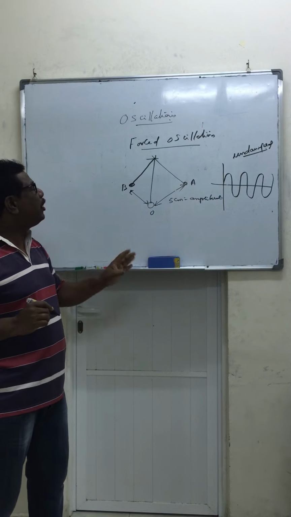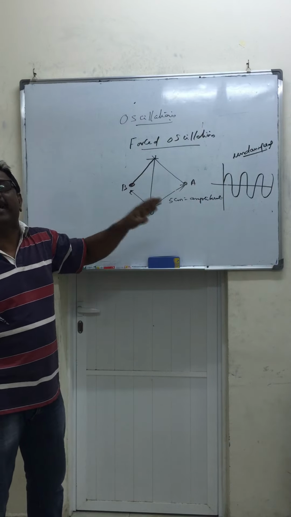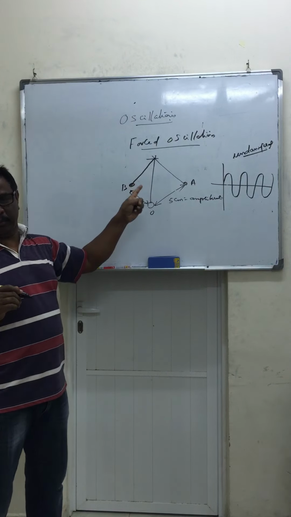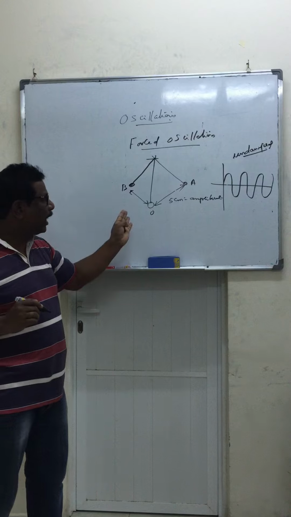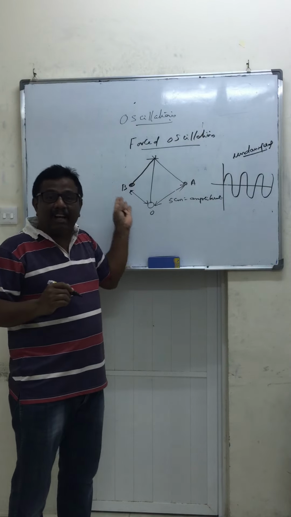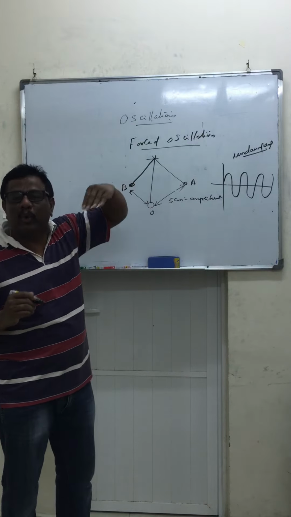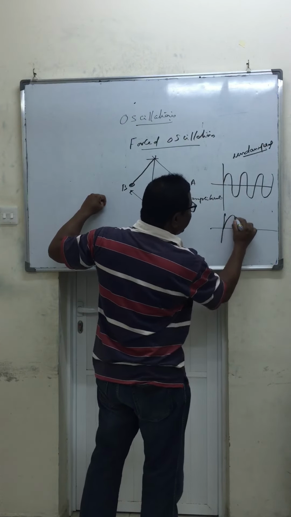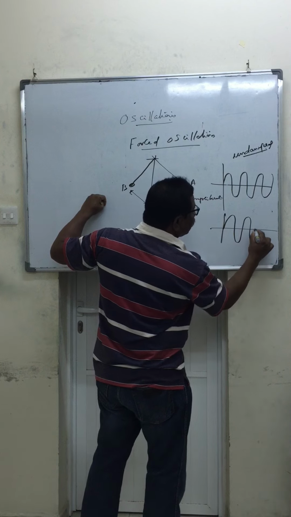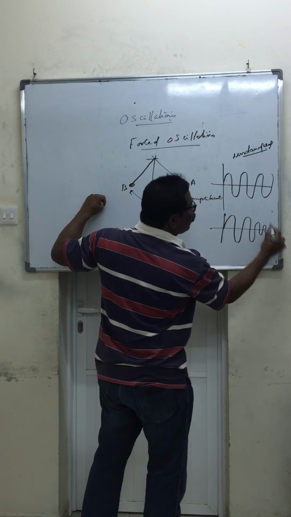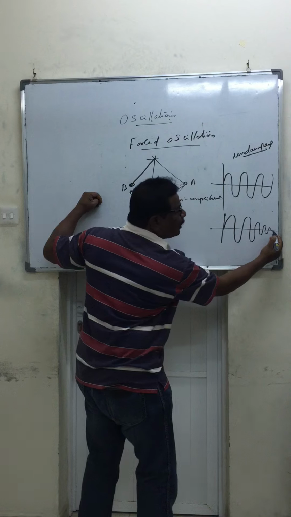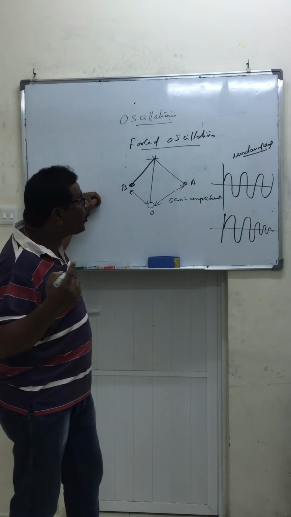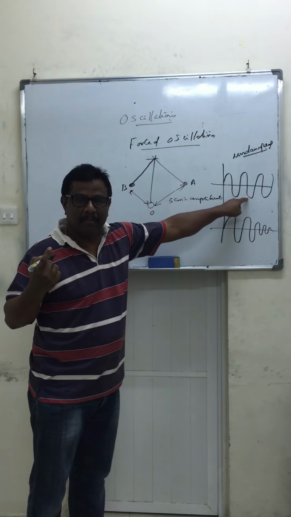But I wanted to maintain the same type of oscillation. Because of the external force acting on this pendulum, the oscillation dies out like this. This is the waveform. In the beginning 5, then 4, 3, 2, and finally it dies out, the amplitude becomes 0. But I wanted to maintain the same type.